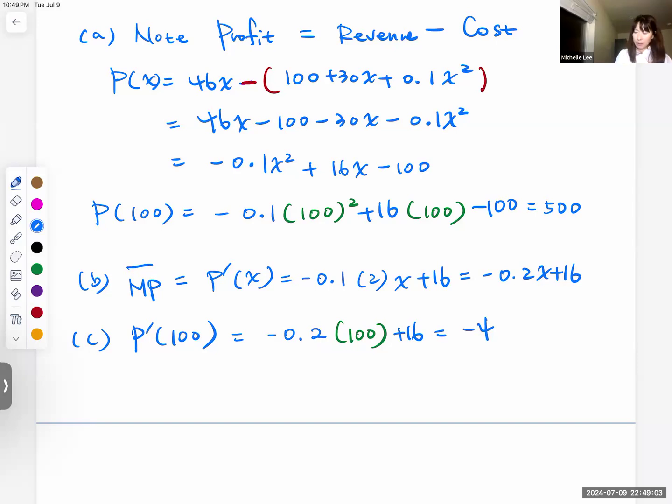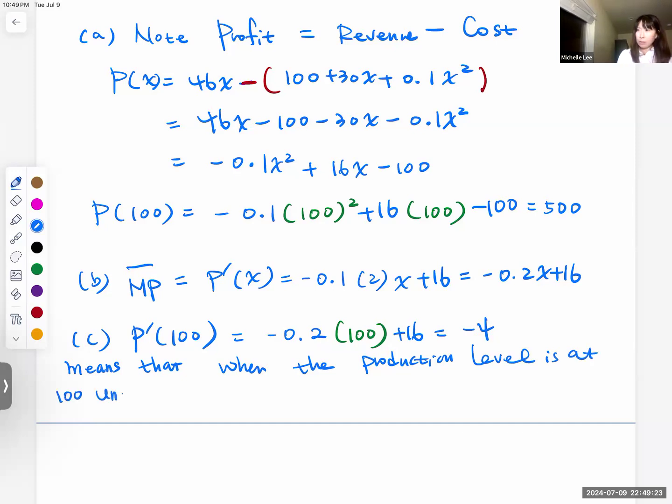Okay, so this means that when the production level is at 100 units, producing one more unit, the 101st unit, one more addition, right?